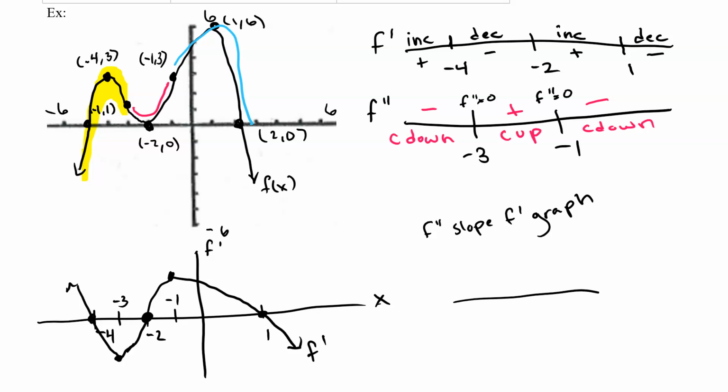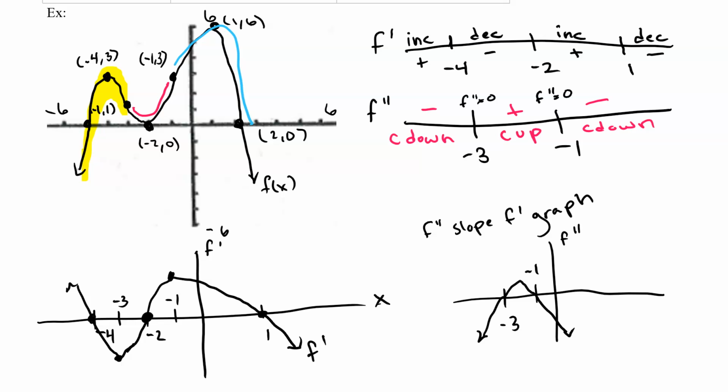And then our second derivative graph, we need to have negative y values to the left of -3 and positive y values between -3 and -1, and negative afterward. So we're going to have something like that.